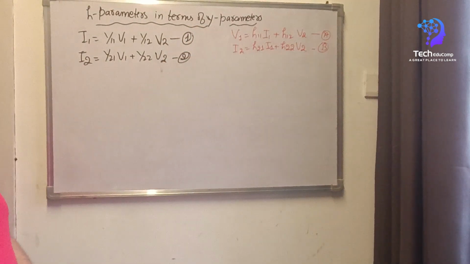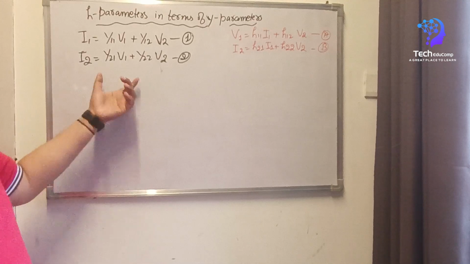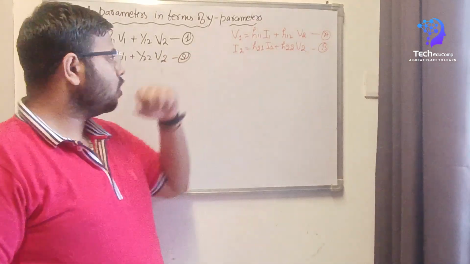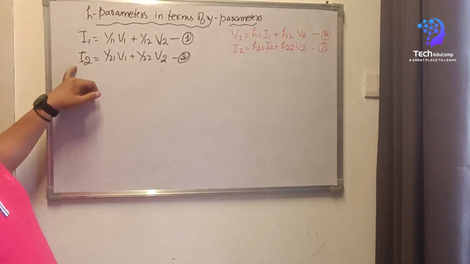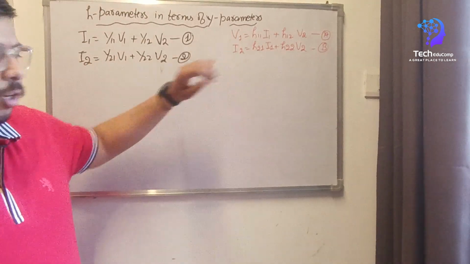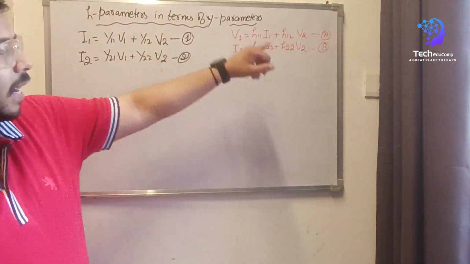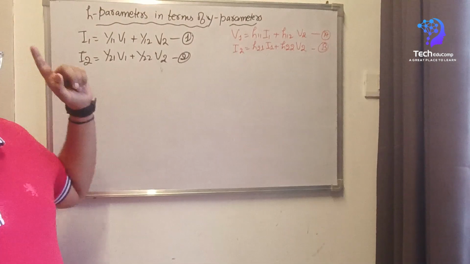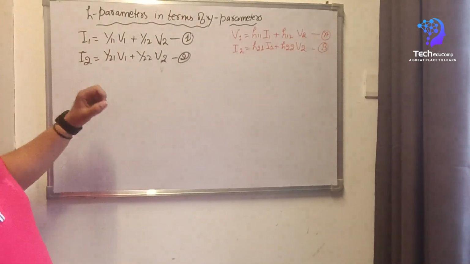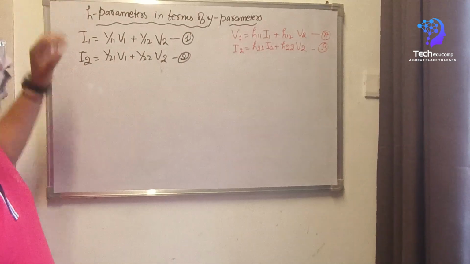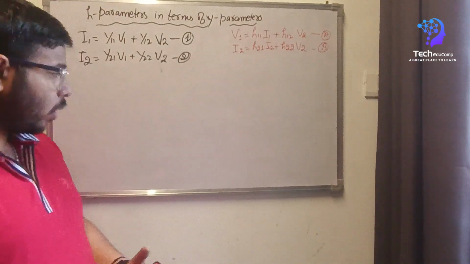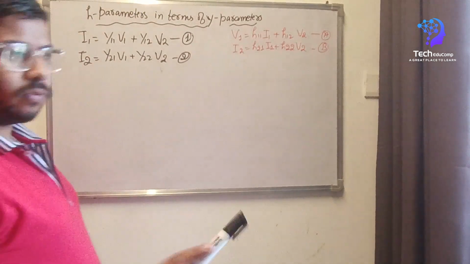When we compare these two equations with the earlier two equations, we find that for equation number 2, the left hand side is the same, I2, but for equation 1 and A, the left hand side is not the same. So in order to get V1 on the left hand side, we can rewrite this equation in terms of V1. How?